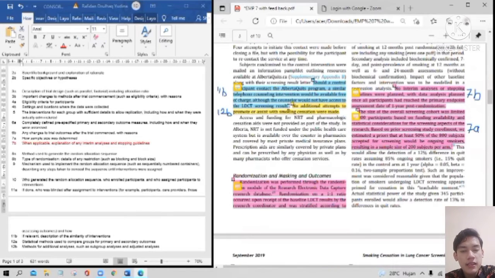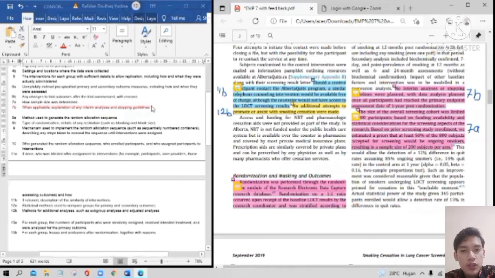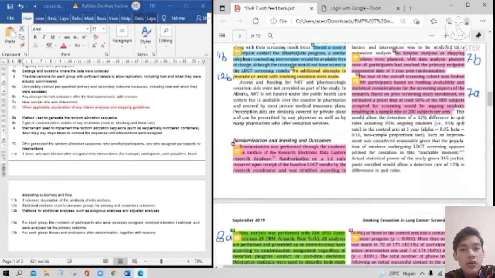And for number 7B, when applicable, explanation of any interim analyses and stopping guidelines, you can read that no interim analysis or stopping guidelines were planned, with data analysis planned once all participants had reached the primary endpoint assessment date of 1 year post randomization.